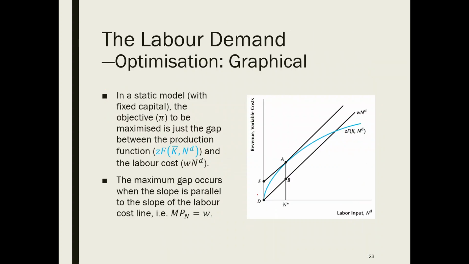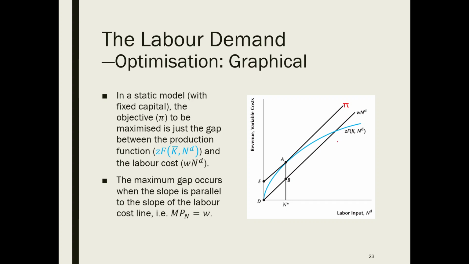Now we are ready to combine the two building blocks of the firm's optimization problem. The objective function is a positively sloped line because the profit function can be written as Y equals W multiplied by N plus pi.